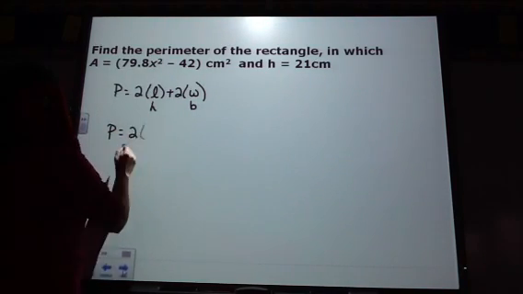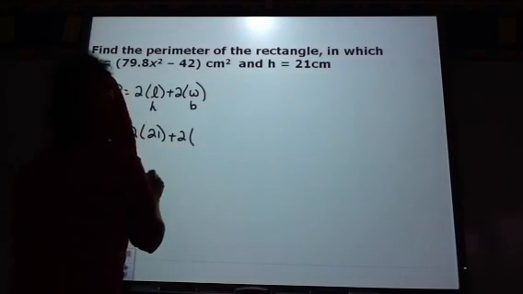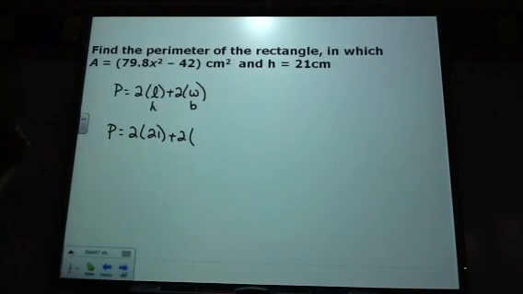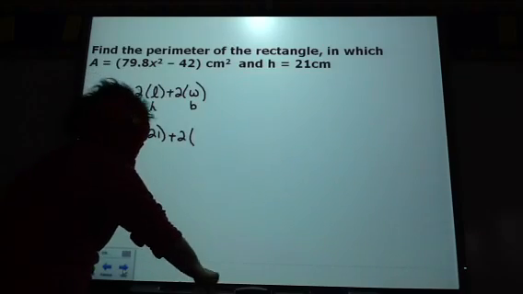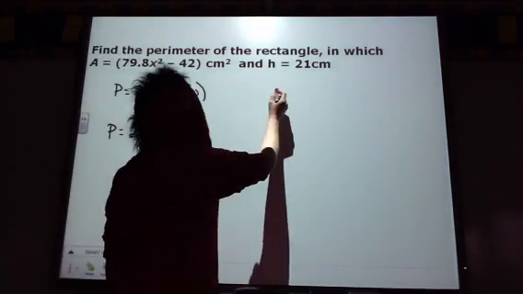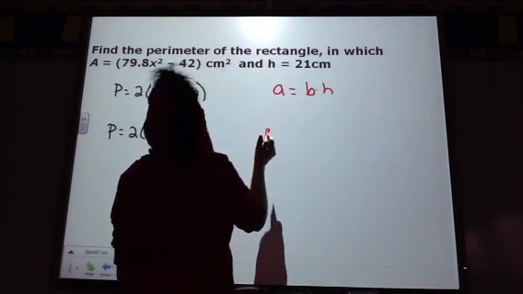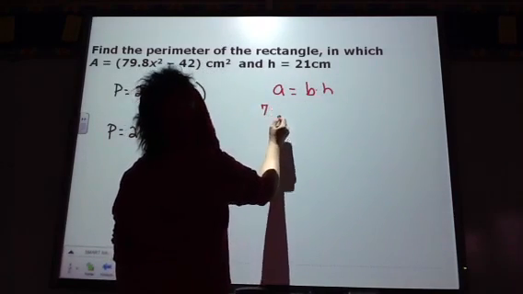So we have 2 times 21 plus 2 times, we don't know what that second measurement is. So we need to try to manipulate the area formula and see if we can find it. So the area formula of a rectangle is base times height. Substitute in for your area.